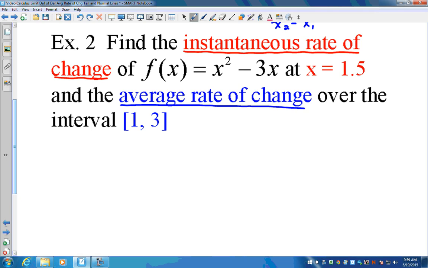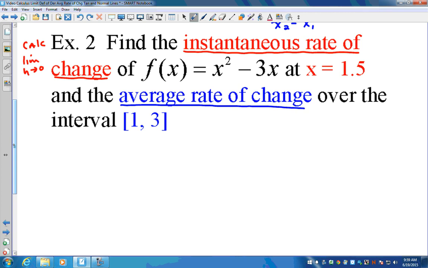Okay, this is calculus. This red stuff is going to be calculus. Okay, this is going to be the limit definition of the derivative. Right? In blue here, it's just a regular normal algebra problem. All right, so let's do the red stuff first.